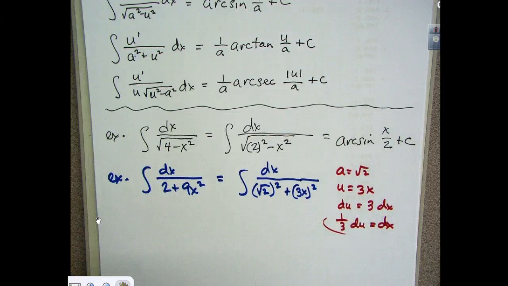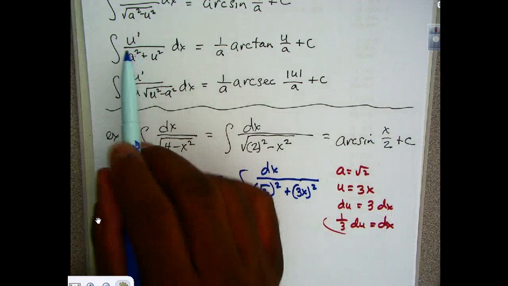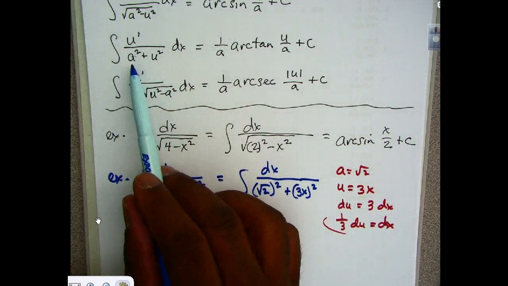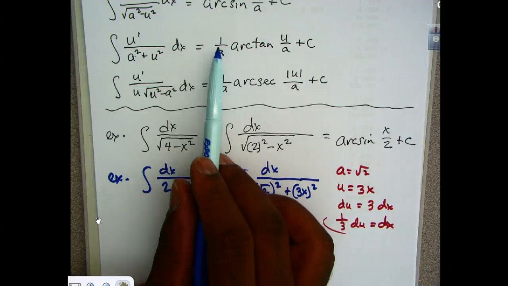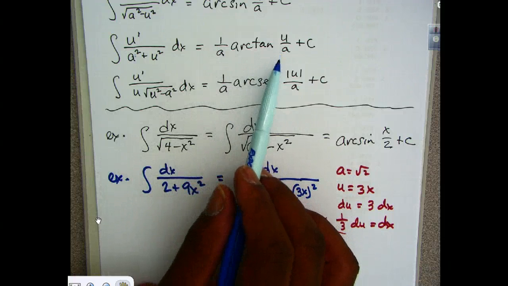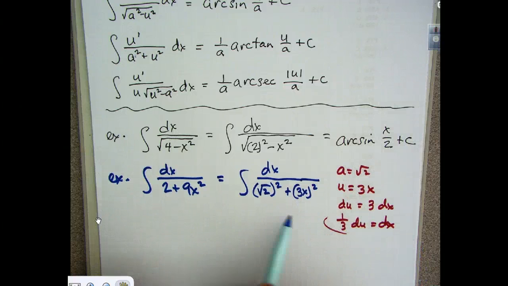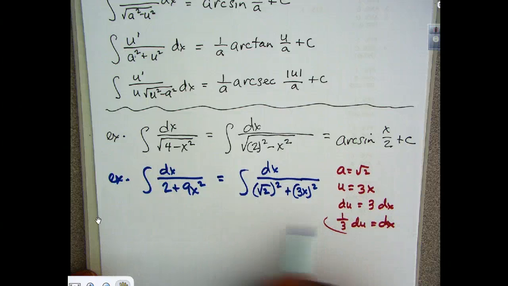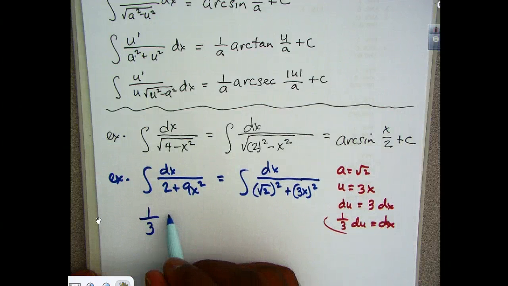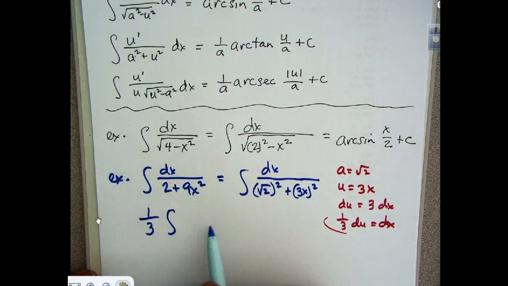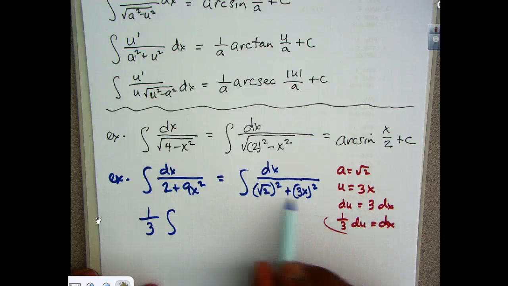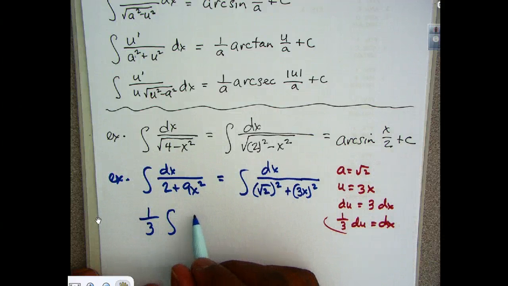When we rewrite this, I know the integral of u prime over a squared plus u squared dx is 1 over a arctan of u over a plus c. But before I do that, I need to write it in terms of u. So I can bring the 1/3 outside. So that's 1/3 times the integral, and I'm going to replace the dx with the du, or the u prime.